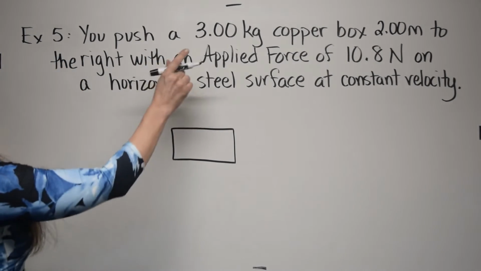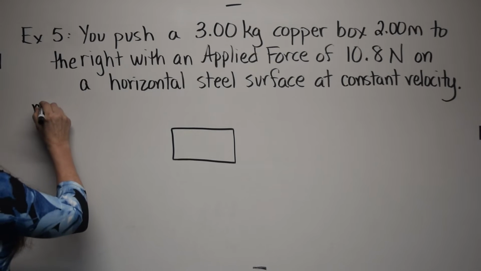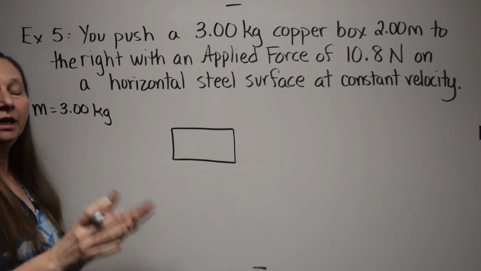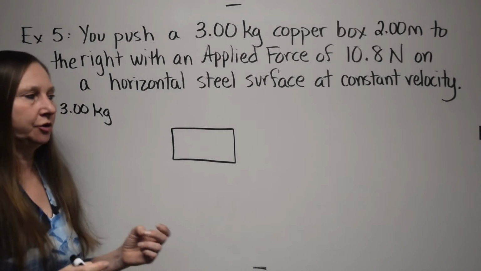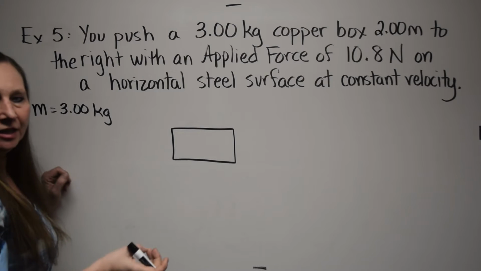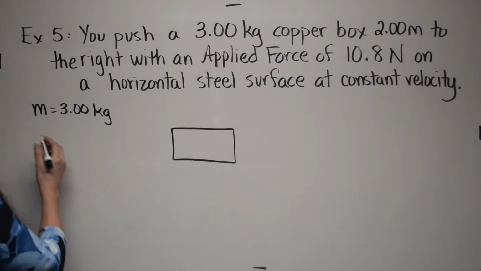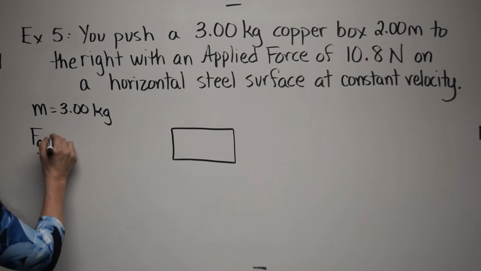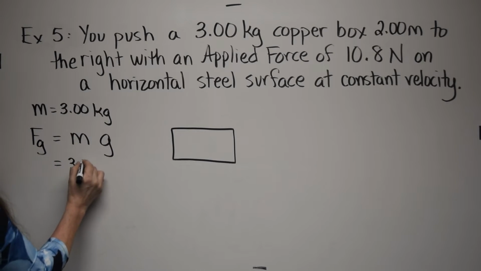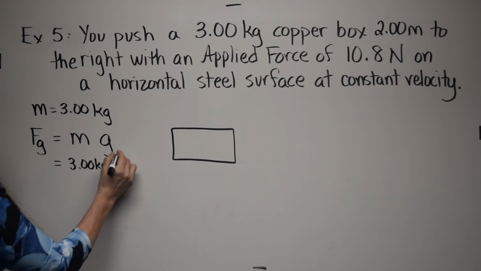Now, we know that the box's mass is 3 kilograms, but mass, or kilograms, is not a force. We need to convert the box's mass to its weight. Weight is a force. So weight, Fg, is going to be m times g. The mass is 3 kilograms.